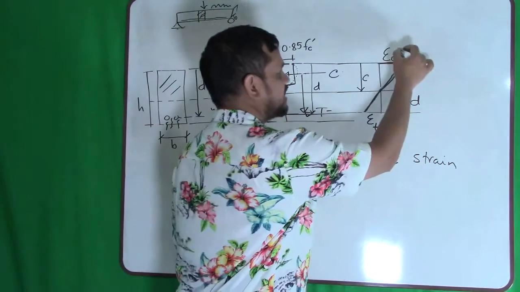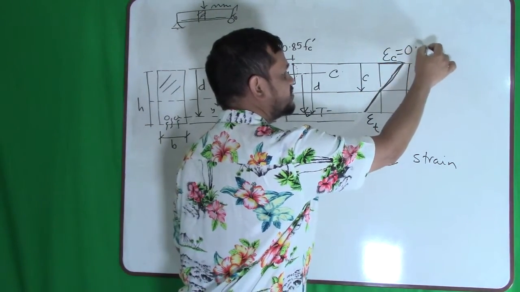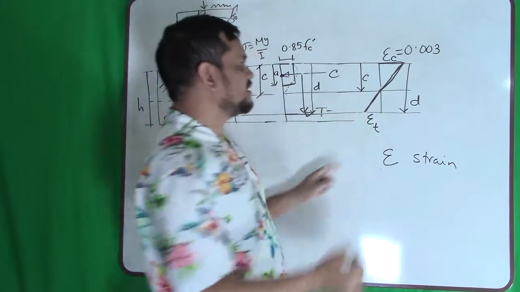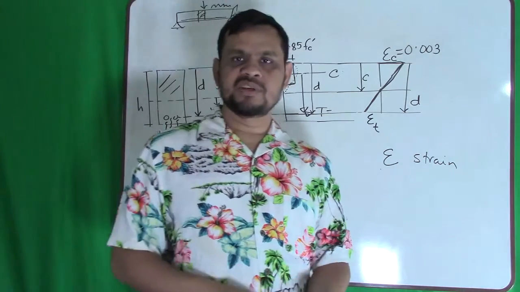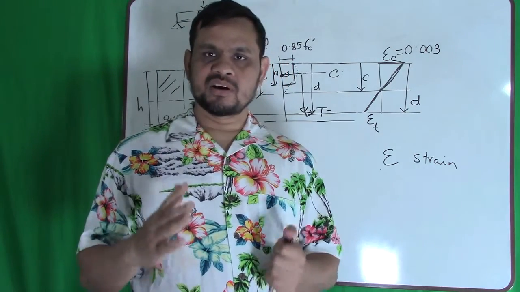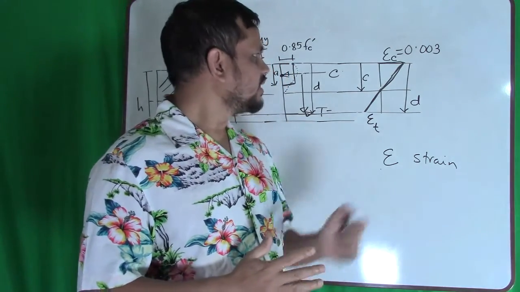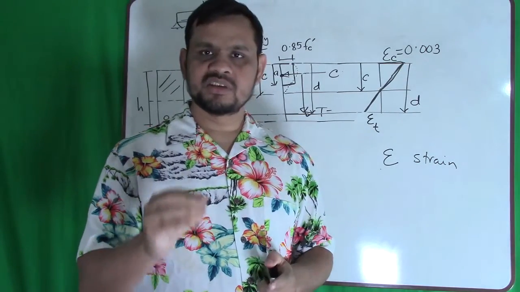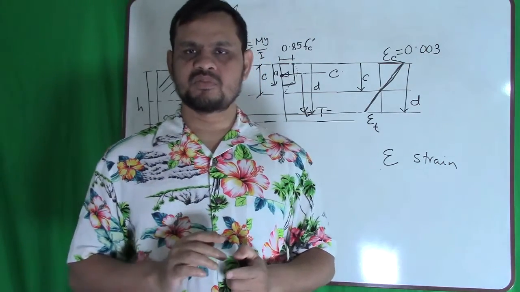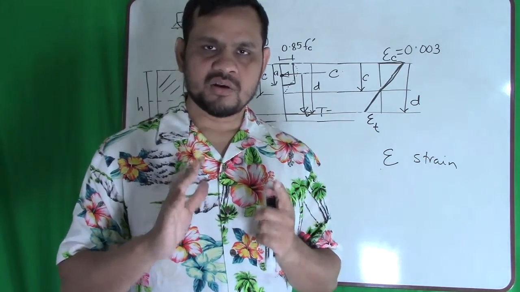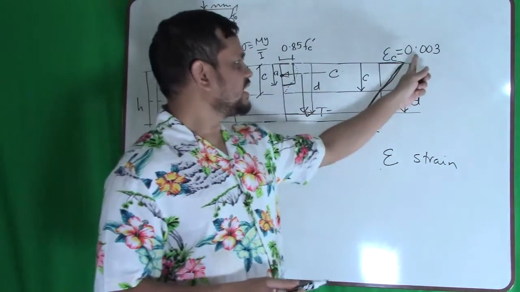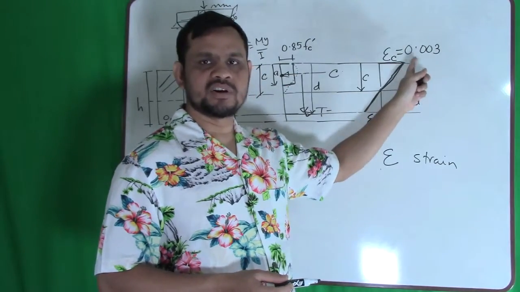So we assume that our concrete is about to fail, so the strain in concrete is 0.003. I discussed in my previous video that concrete fails typically at a strain value of 0.003 to 0.005, but 0.003 is a very logical number. So we will assume the strain in concrete is 0.003.